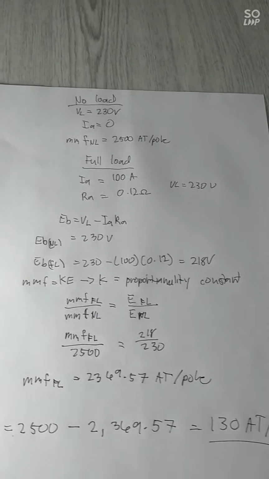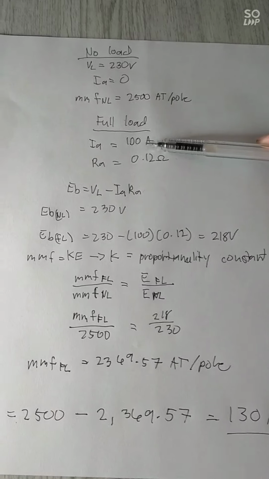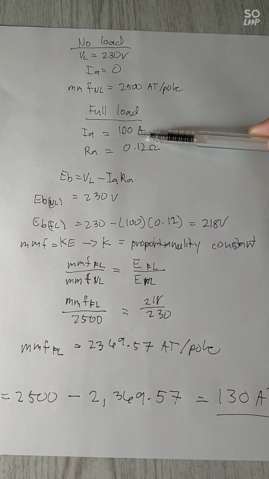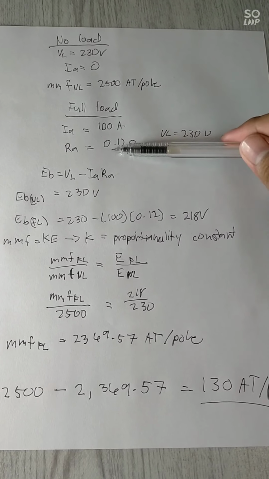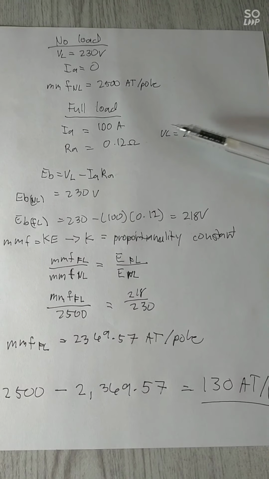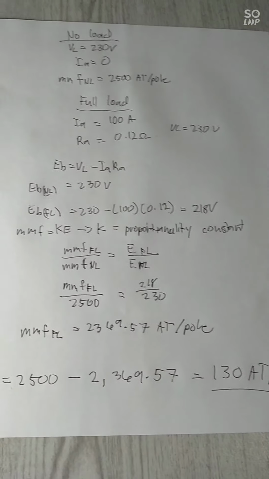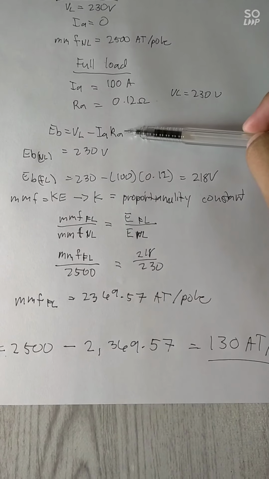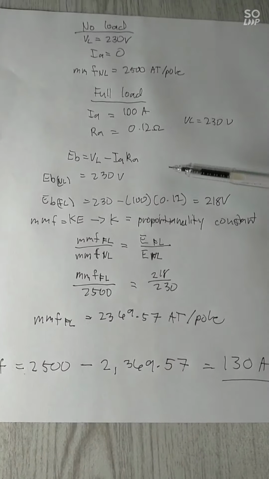At full load, it is given that IA is 100 ampere, RA is 0.12 ohms, and VL is also 230, the same. Let's first solve the back EMF at no load and full load.